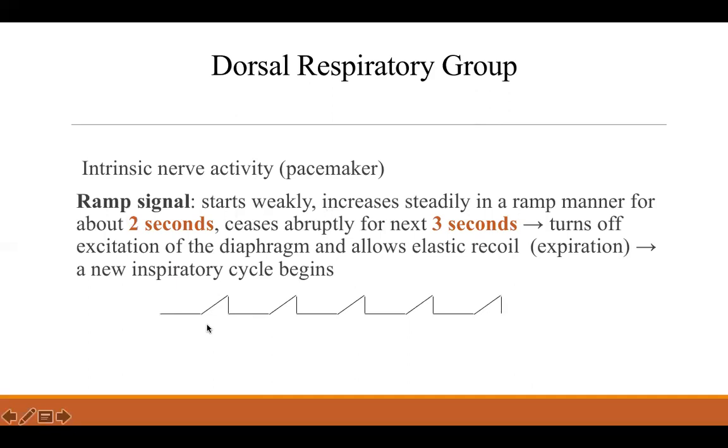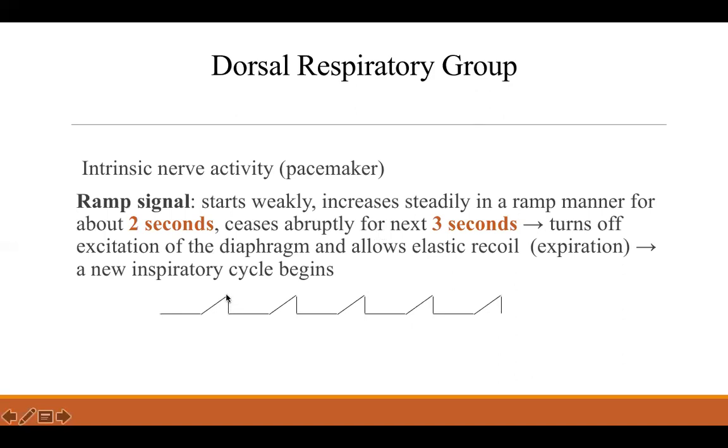So you're looking at this weak rise, and then the response would increase steadily in a ramp manner for about 2 seconds of inspiration, put it that way, and then ceases abruptly.